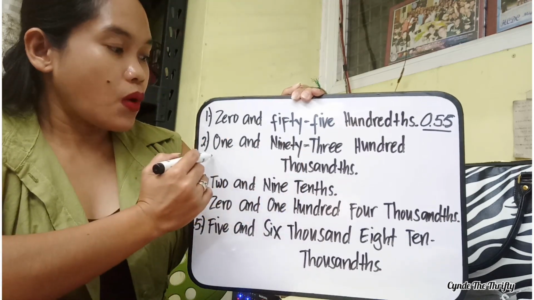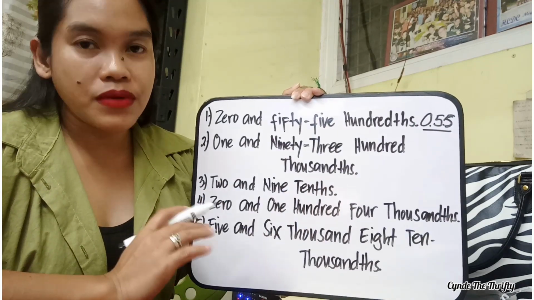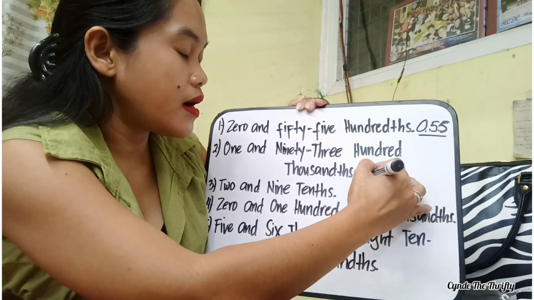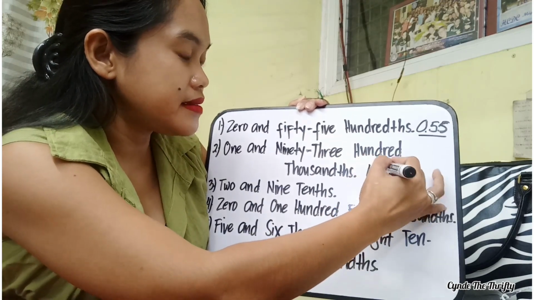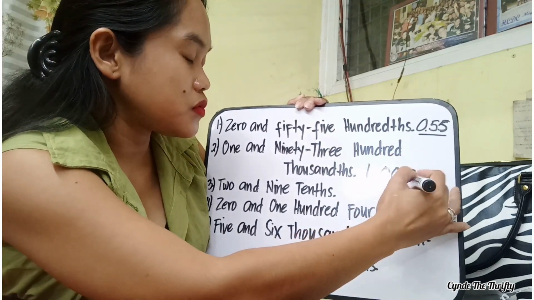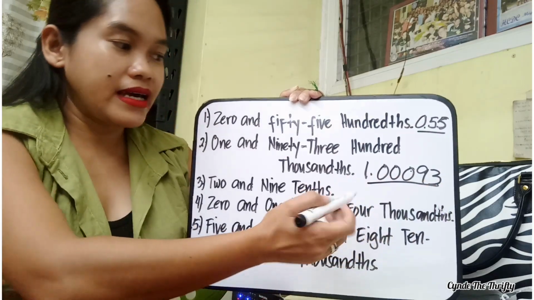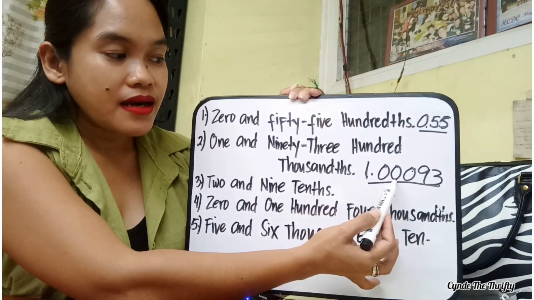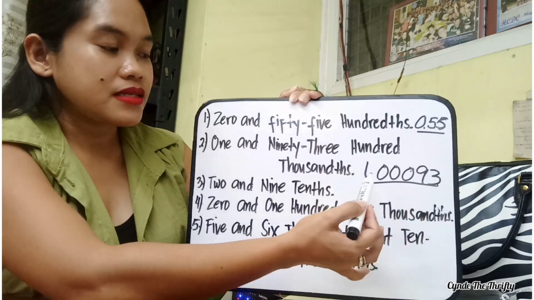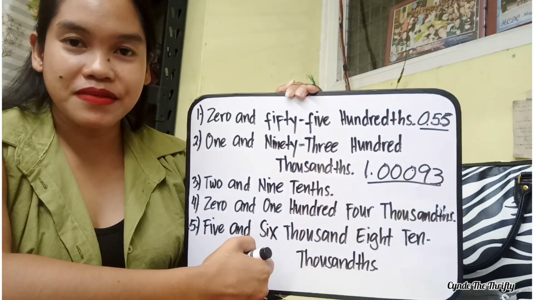So ano ang place ni 3? Nasa hundred-thousandths. Tenths, hundredths, thousandths, ten-thousandths, hundred-thousandths. So, 91.00093.